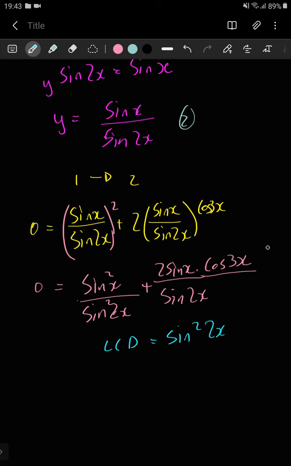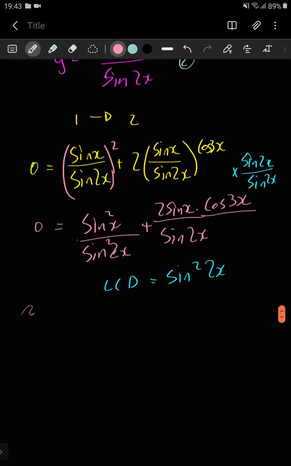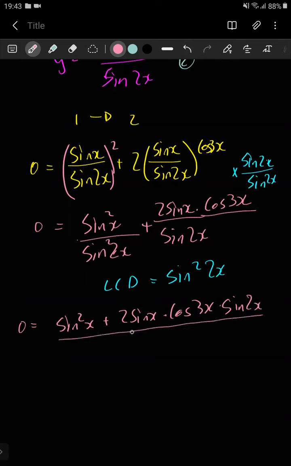So here you have to multiply this whole thing by sine 2x over sine 2x. Because on the left, 0 is just 0. So here you're going to have sine squared x plus 2 sine x dot cos 3x dot sine 2x. And then our denominator is just this.